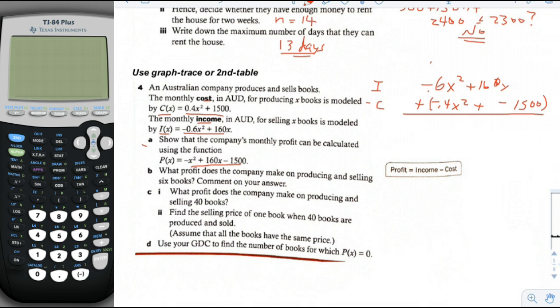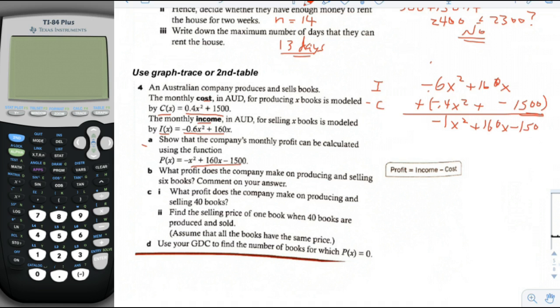The reason I didn't write the 1,500 directly under the 160x is because those terms are not like terms, so I can't combine them. So I'm going to combine negative 0.6x squared with negative 0.4x squared, and I get negative 1x squared. Then I get 160x, because that's all there is for the x terms, and then minus 1,500.